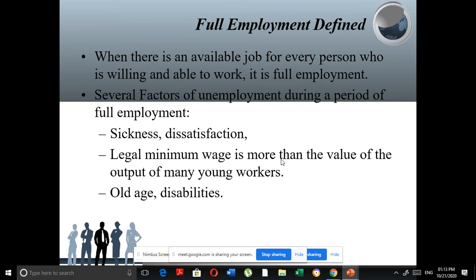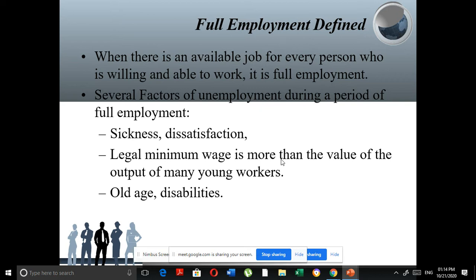Because, as I told you before, these two kinds of unemployment are necessary for the economy. It is a normal case, because frictional is the normal movement of workers from one job to another, and structural is when workers' characteristics do not fit with employers' requirements.